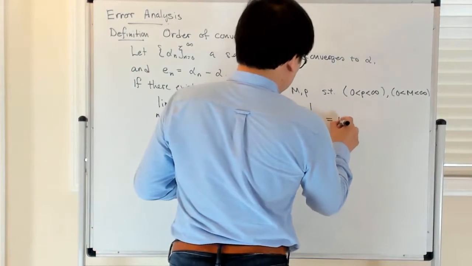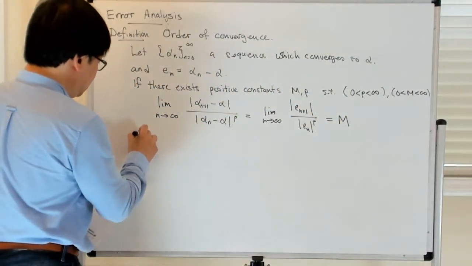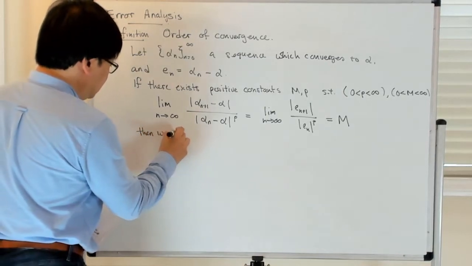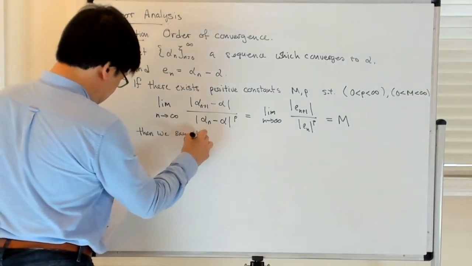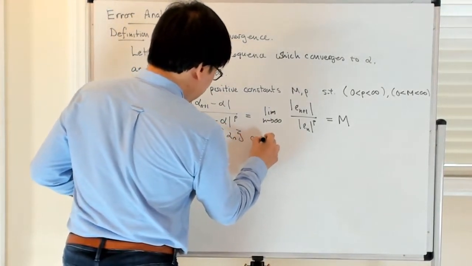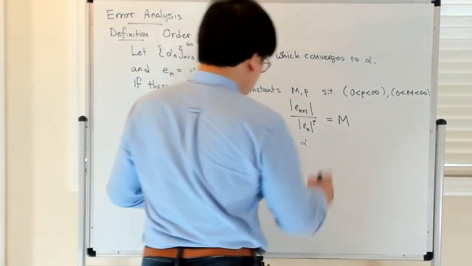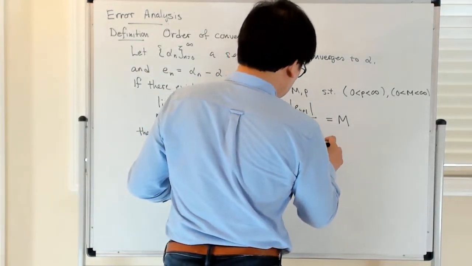And if that limit is equal to m, then we say that alpha n converges to alpha with order p.